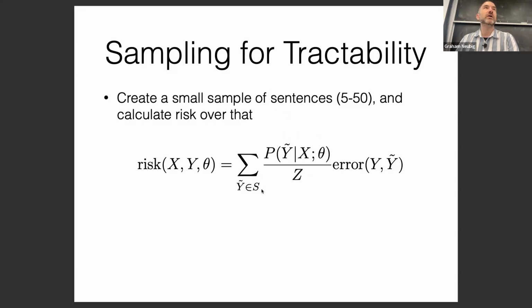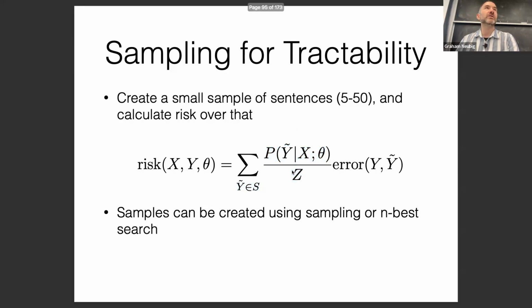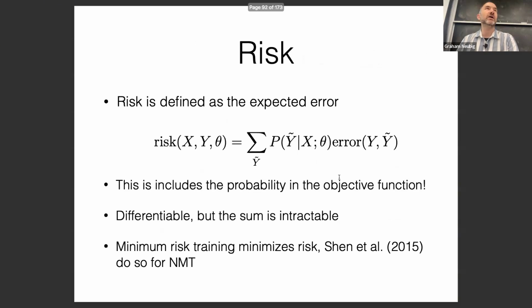So here we have a sample, and we calculate the probability. We renormalize by z, where z is a normalizing constant equivalent to the sum of all of the probabilities that we get here. And then we can calculate the error here. So this is an approximation of what we actually want to calculate.